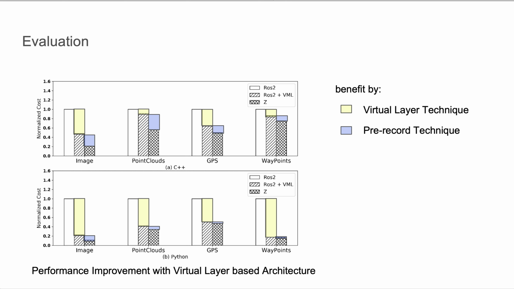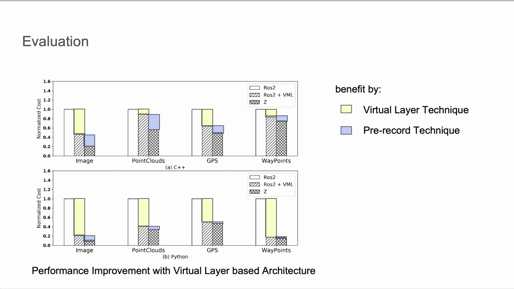To evaluate the performance effects of techniques that are applied in the framework, we here analyze each technique that contributes to the performance improvement. The yellow bar shows the benefit gained by virtual layer-based architecture, and the blue bar shows the benefit from the pre-record memory allocation algorithm.